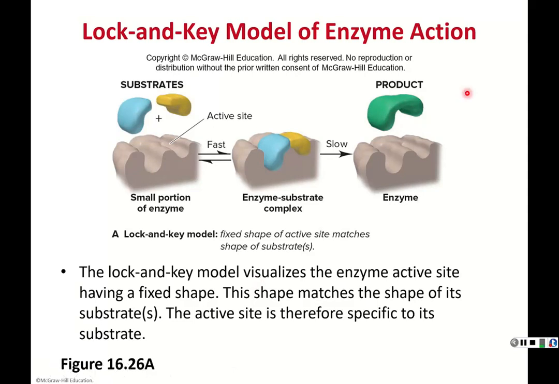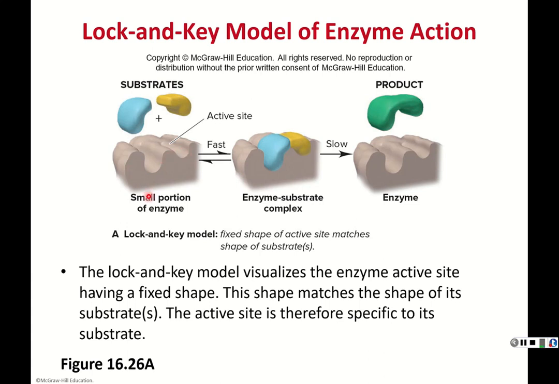In biochemistry, we talk about catalysts in terms of enzymes. So there's a couple different models or theories about how enzymes work. One is the lock and key model, and that you have what are known as substrates. So those are your reactant molecules that will come into an enzyme. And what an enzyme is, it's a protein that has an active site which it uses to bind a substrate or reactant, and then it catalyzes a reaction.